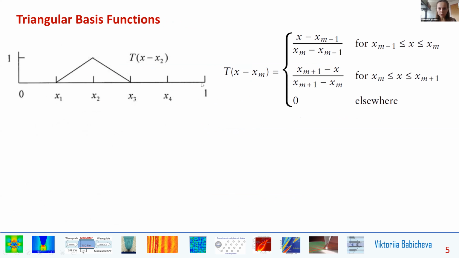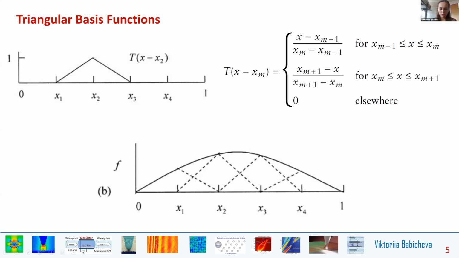Again, for the case of n equal to 4. Plot of each function is here. So a linear combination of these functions gives a piecewise linear approximation, shown like these triangles.